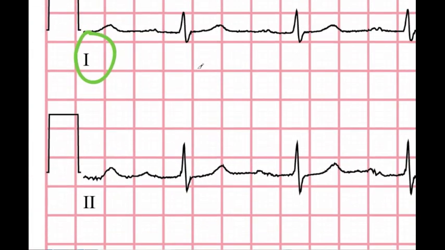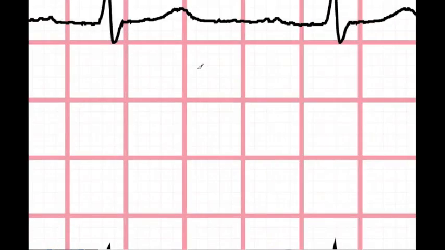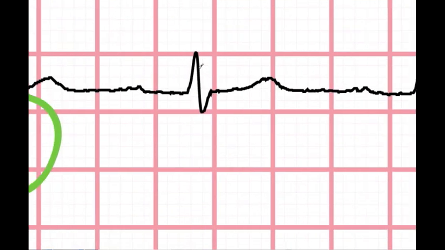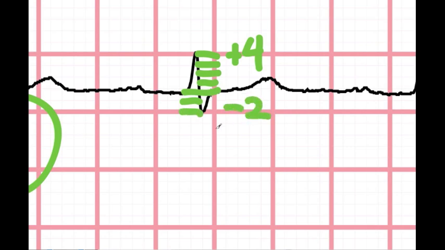We want to see how positive this is. So let's start here. We're going to count how many of those little millimeter blocks there are. So let's use this as the baseline. So that's 0, 1, 2, 3, 4. So this is plus 4. Okay, and then how negative is it? Well, how much does it go below the baseline? That's 1, 2. That's minus 2 for a sum of positive 2.